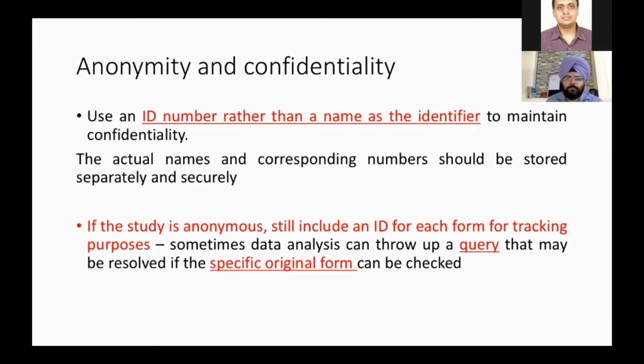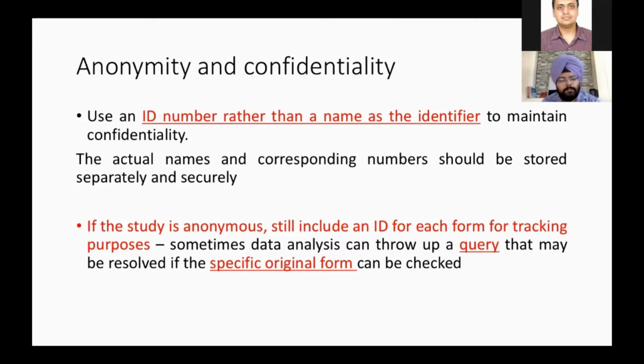Coming on to the next part, when we are using a study tool for data collection, anonymity and confidentiality need to be maintained. At the time of the protocol itself, it is usually a prerequisite in the consent that the information regarding the identity of the person will stay confidential, because it's primarily for research purposes.